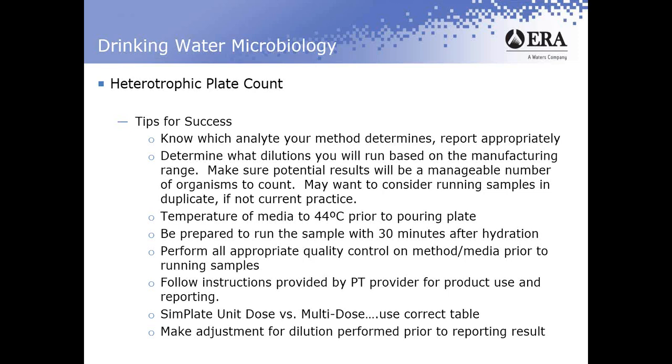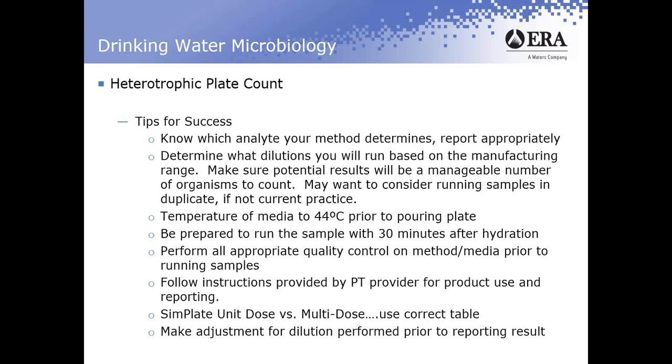Make adjustments for dilutions performed prior to reporting your results. This is a common one. When you're doing dilutions on samples, remember you have to report your results in terms of the units that you're provided. You're reporting back to us in CFU per ml. If you do a 1 ml plate, you're good to go.